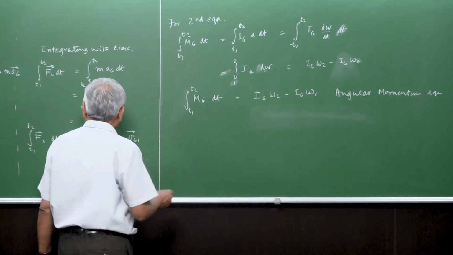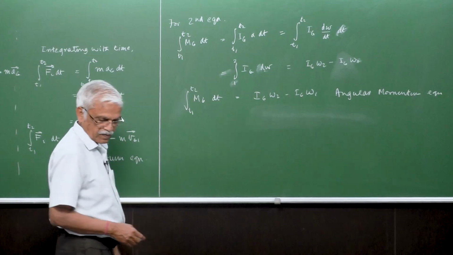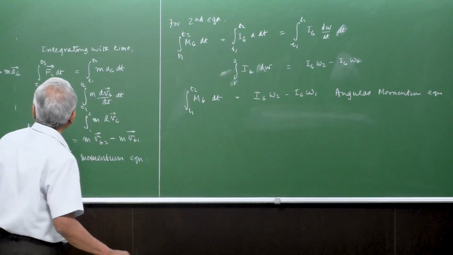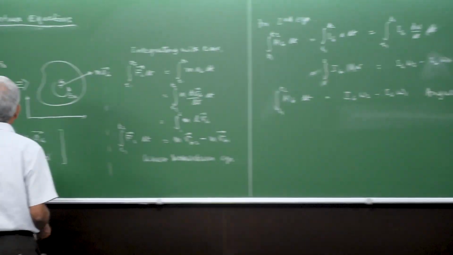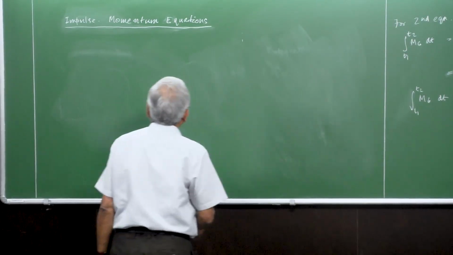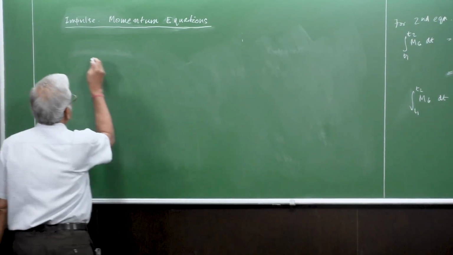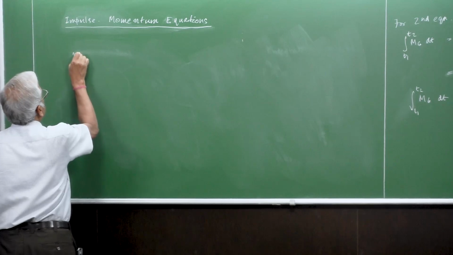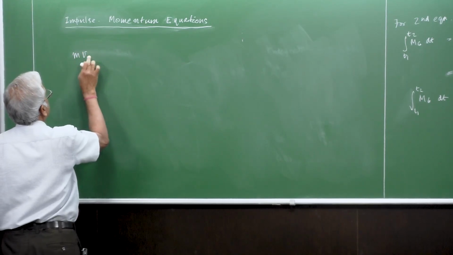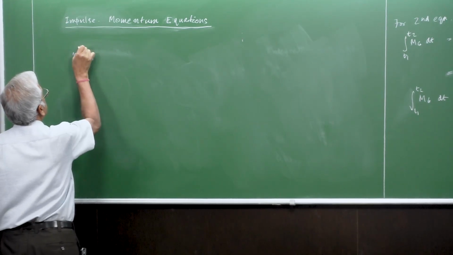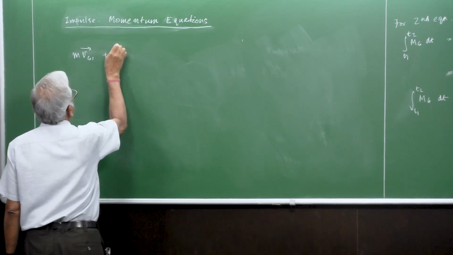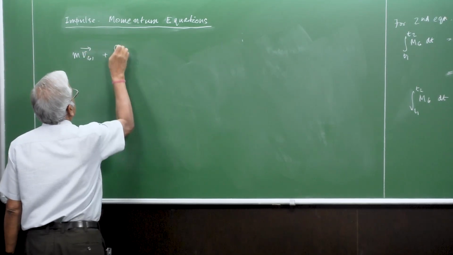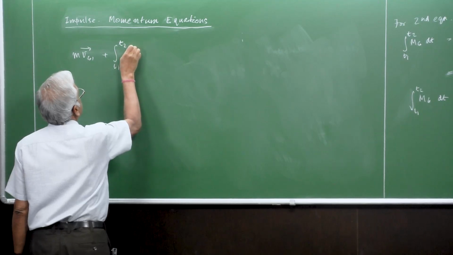And so the same thing can be written, we will rewrite it as m vg1 plus the integral from t1 to t2. This is the first equation.